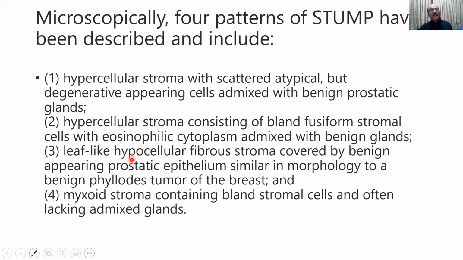Leaf-like hypocellular fibrous stroma covered by benign-appearing prostatic epithelium, similar in morphology to a benign phyllodes tumor of breast, and myxoid stroma containing bland stromal cells and often lacking admixed glands.